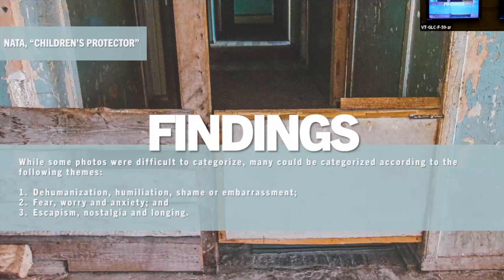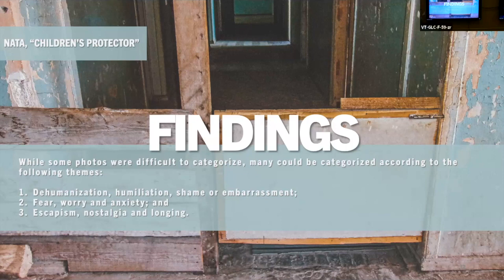Some photos were difficult to categorize, but generally we could organize them into the following major themes. So photos either centered on this cluster of related words: dehumanization, humiliation, shame, or embarrassment. Second, fear, worry, or anxiety.